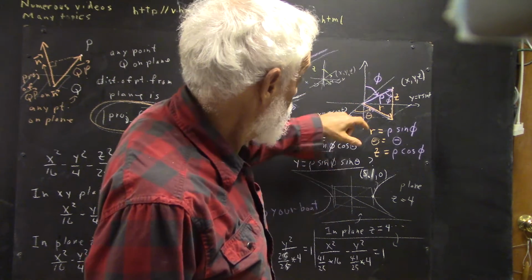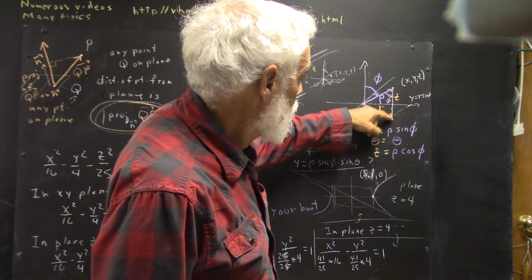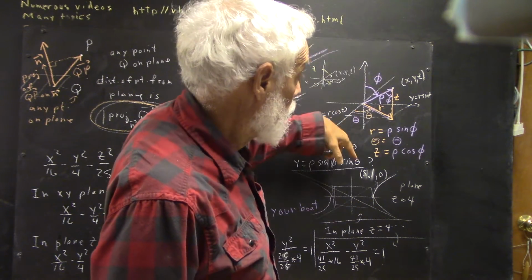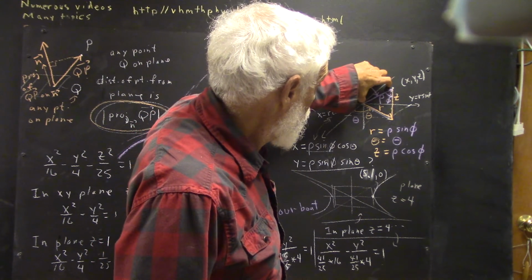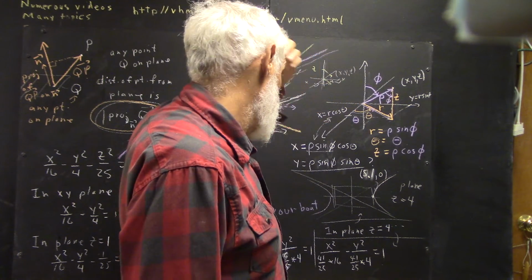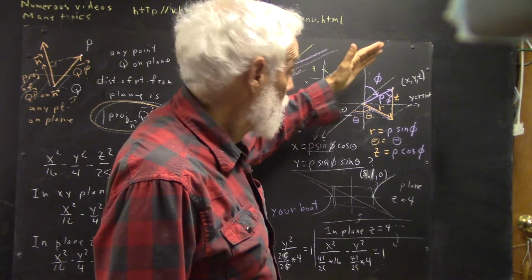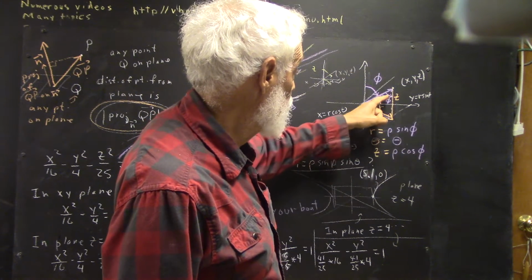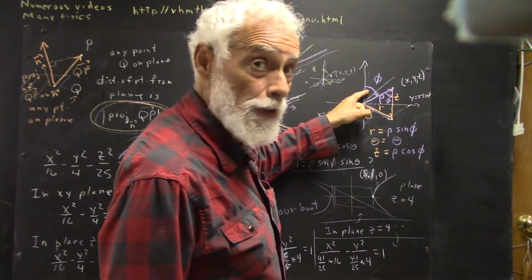Phi is the angle here. This projection line is parallel to our z-axis. So this vector from here to here is a transversal of two parallel lines, a line that intersects two parallel lines, and you have alternate interior angles here. So this angle is the same as this angle.